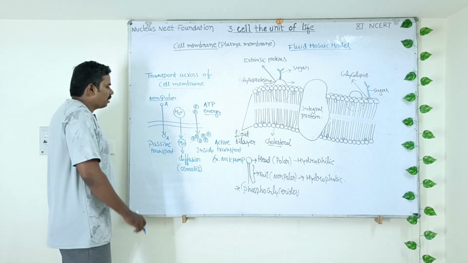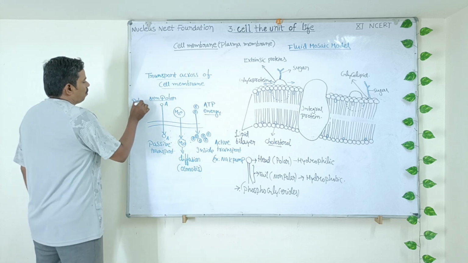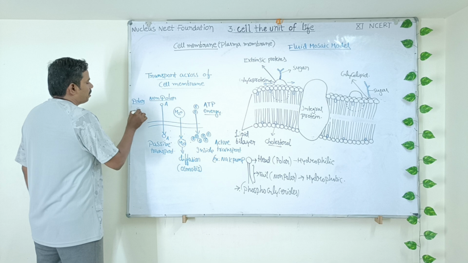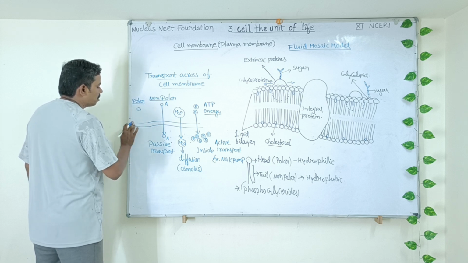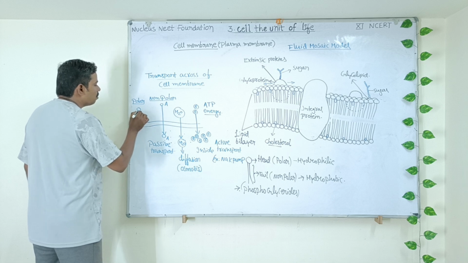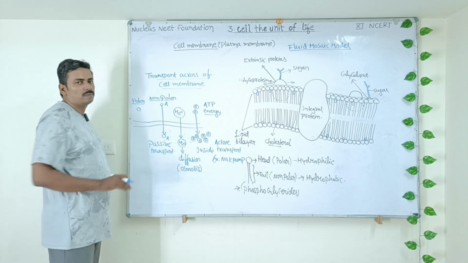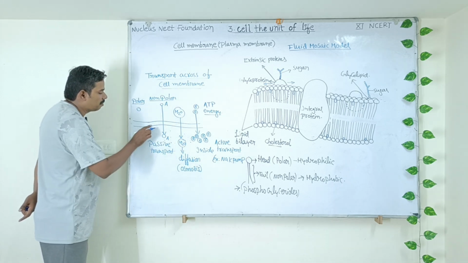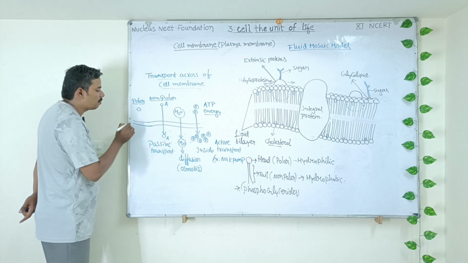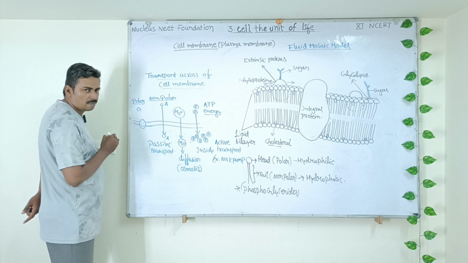Now look here. What about the polar molecules? When polar molecules need to cross the plasma membrane, it is not going to allow them. The plasma membrane will say simply, no, I cannot allow you. So how can the polar molecules be transported across the plasma membrane? They take the help of a special type of proteins present in the plasma membrane.